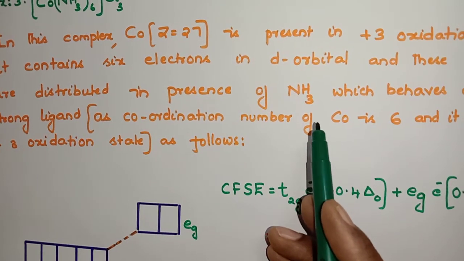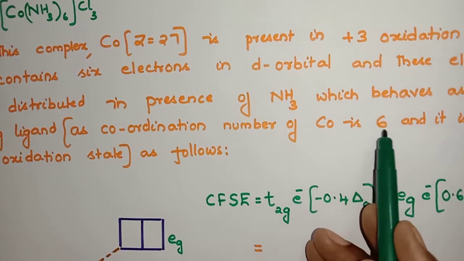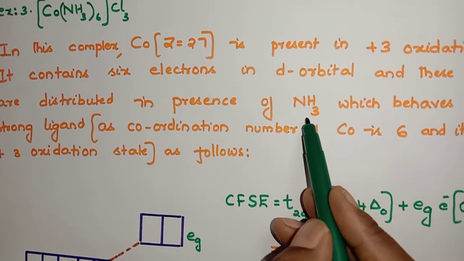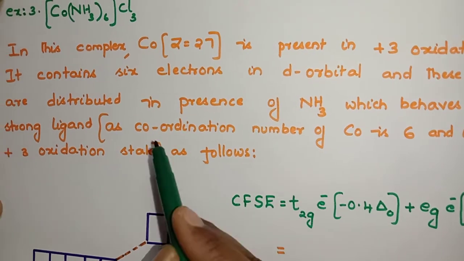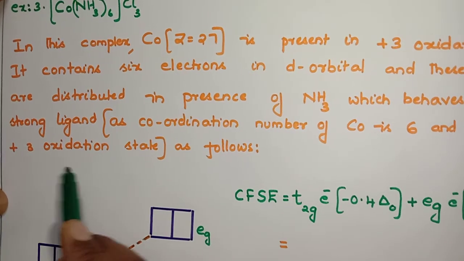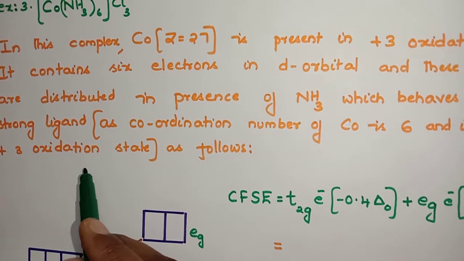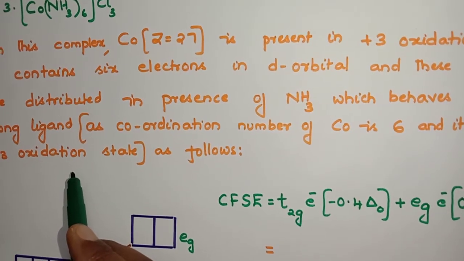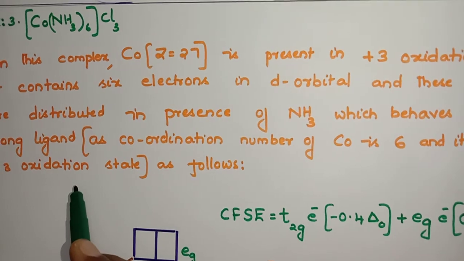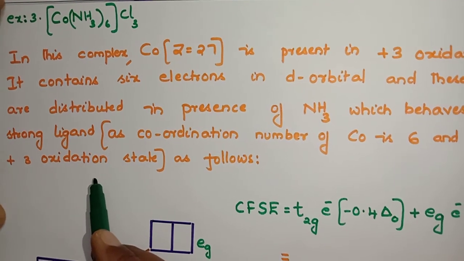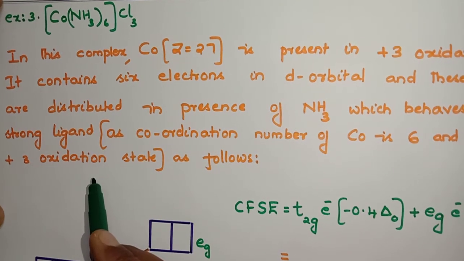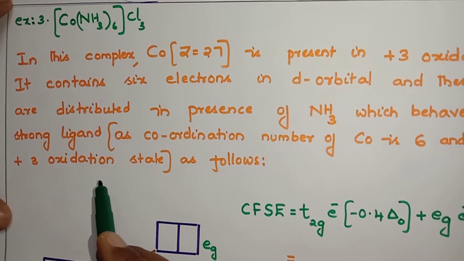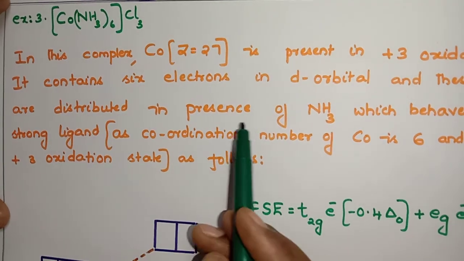Try to understand: because ammonia has medium field strength, it behaves like this. Also, if the coordination number is 4, meaning tetrahedral complexes, it is a weak ligand. So here I have mentioned this point.